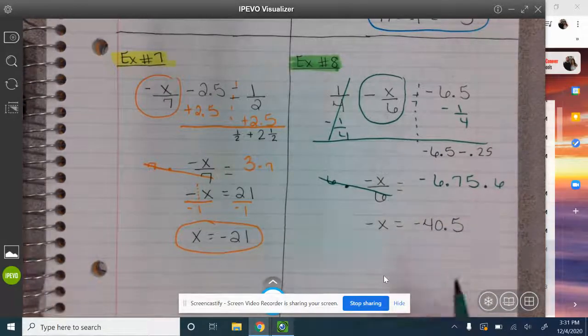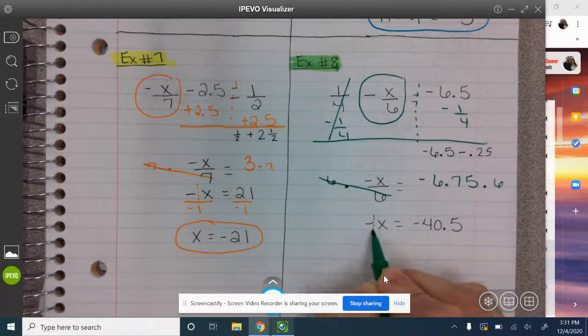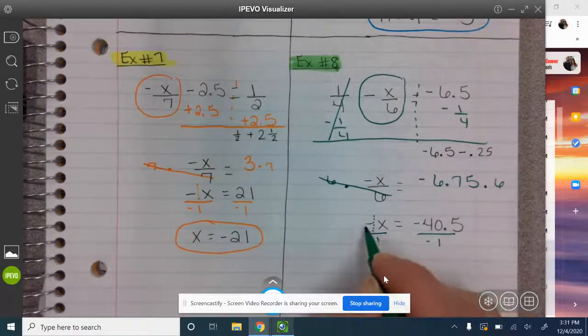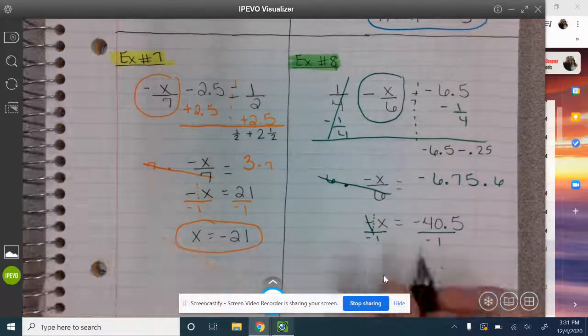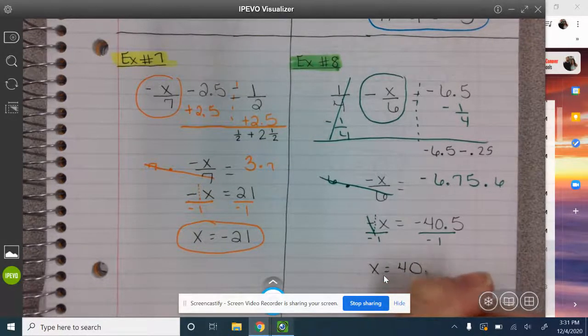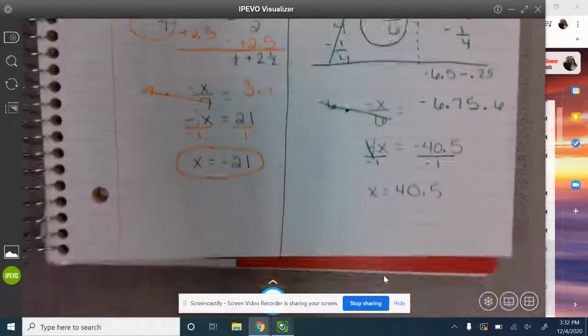We're almost finished. So what number's between the negative sign and the x? There's an imaginary 1 there. So negative 1 times x, you'll divide by negative 1 on both sides. And you'll be left with x equals 40.5. Now, there are several ways you could write this answer.